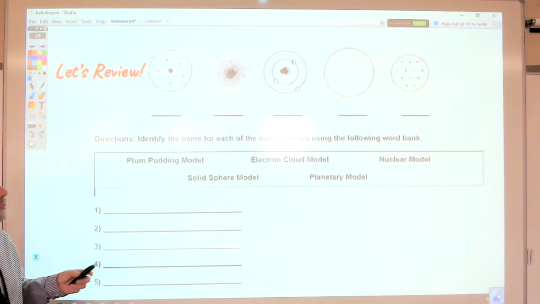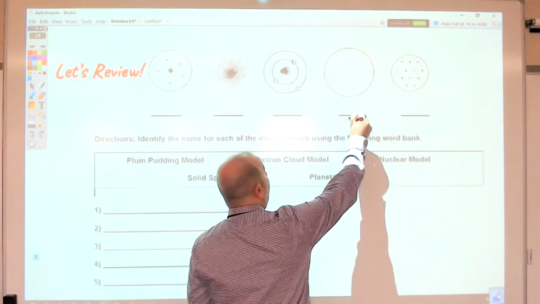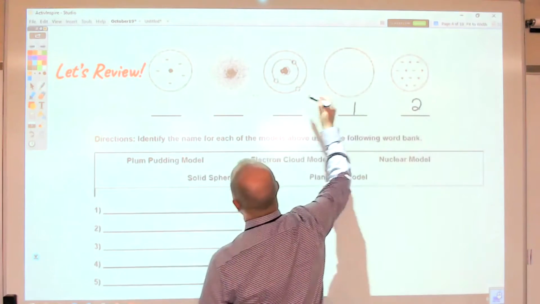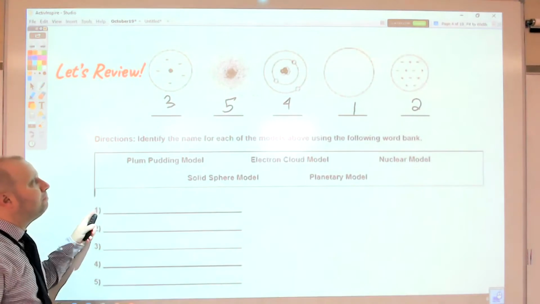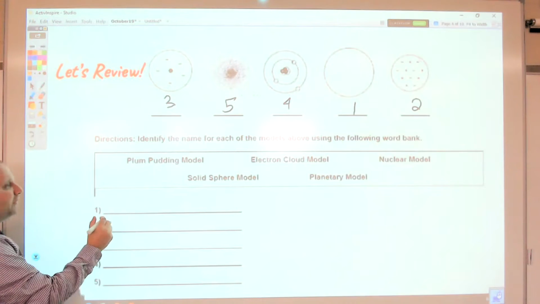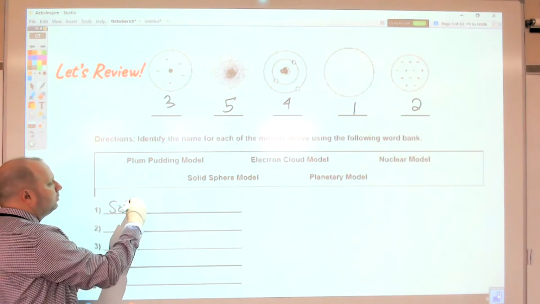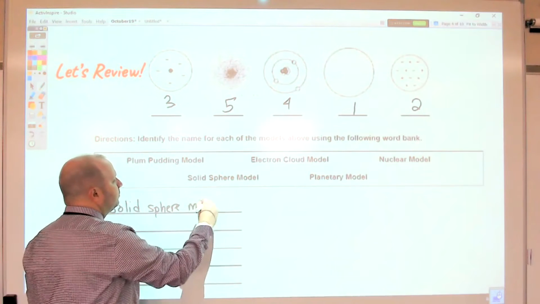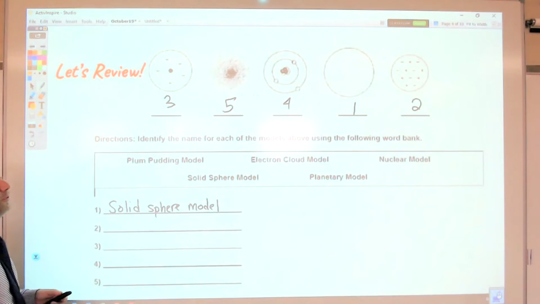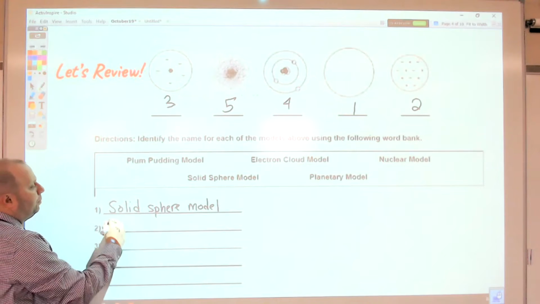So putting names to all of these, I'm just going to quickly number them once again. So we have 1, 2, 3, 4, and 5. So our number 1 is called the solid sphere model. Our second one is called the plum pudding model.